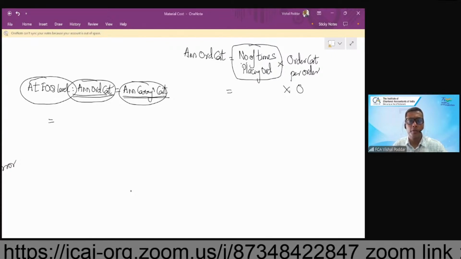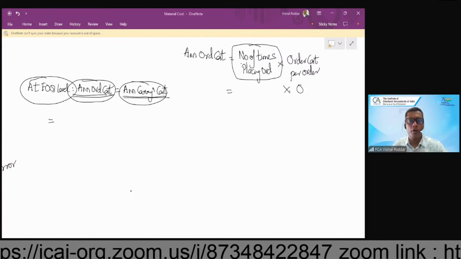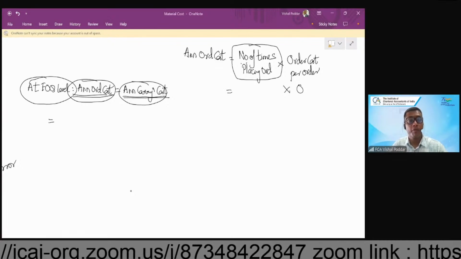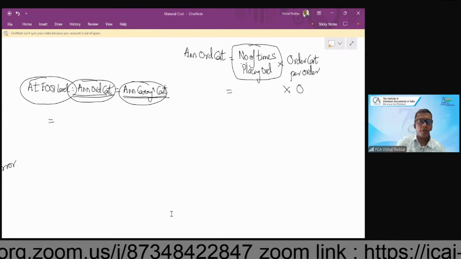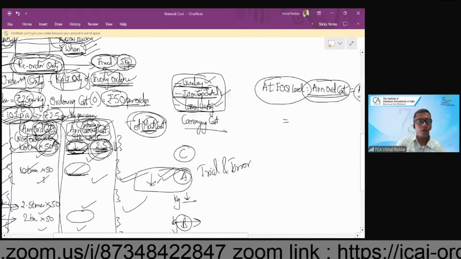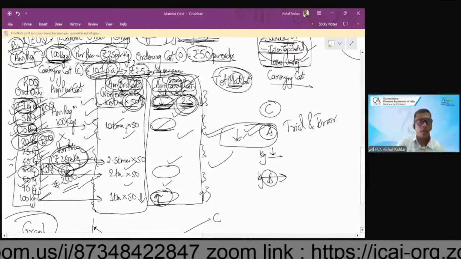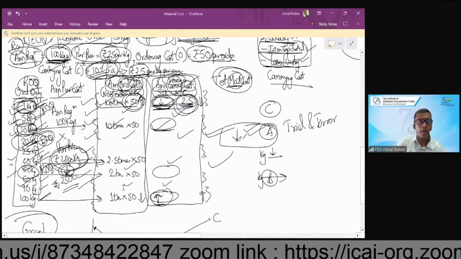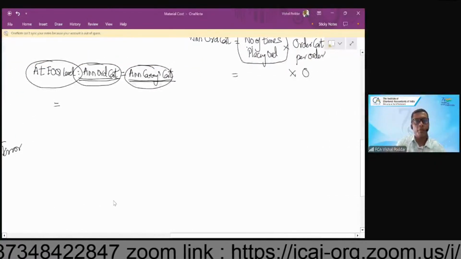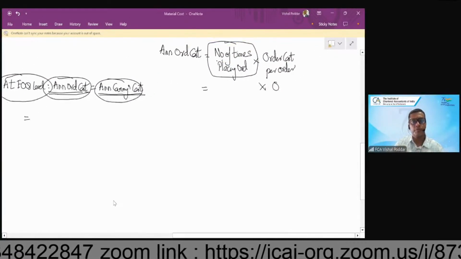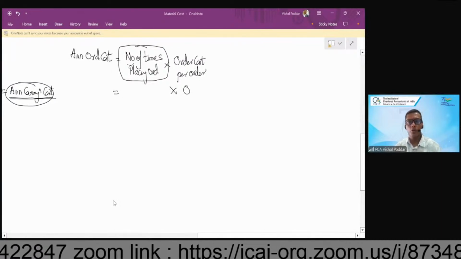You can use short forms. EOQ is wrong. EOQ is what we still have to find out. See, in my example here, I have to go 100 times, here 10 times, here 2 times, here 1 time. How did I find out this number of times I will be going to market?